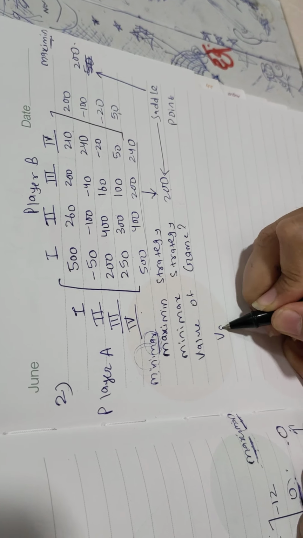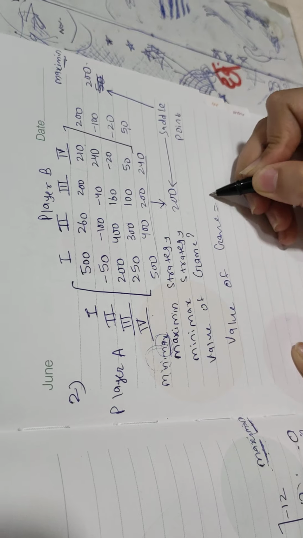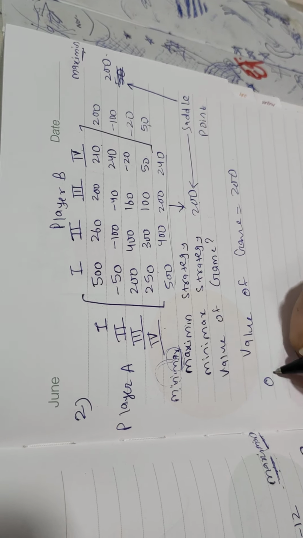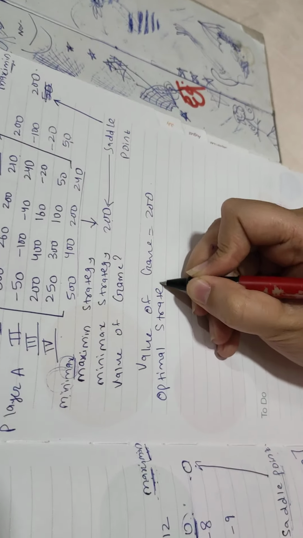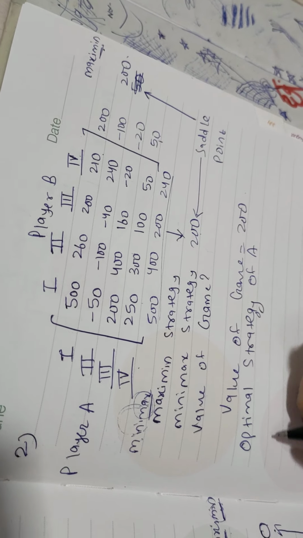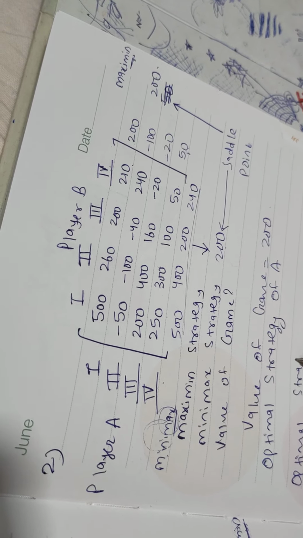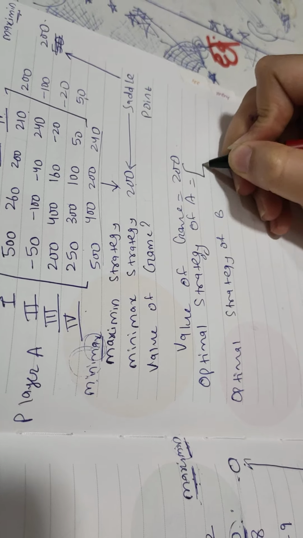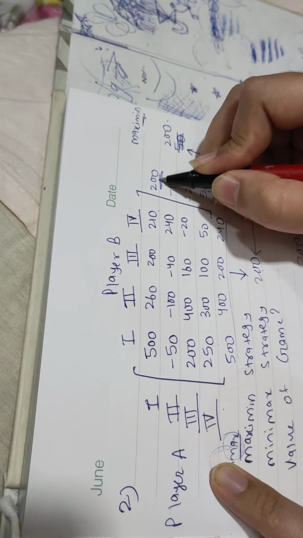So our value of game is 200 and optimal strategy of A and optimal strategy of B. Optimal strategy of A will be 1 because my saddle point is here.